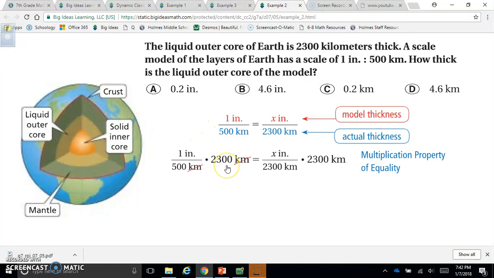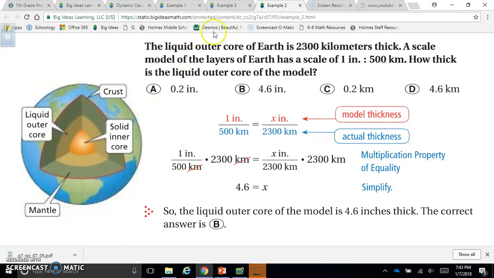So we do 2,300 divided by 500, which is 4.6. This is our scale factor, which is also 1 times 4.6, the thickness of the outer core in the model.